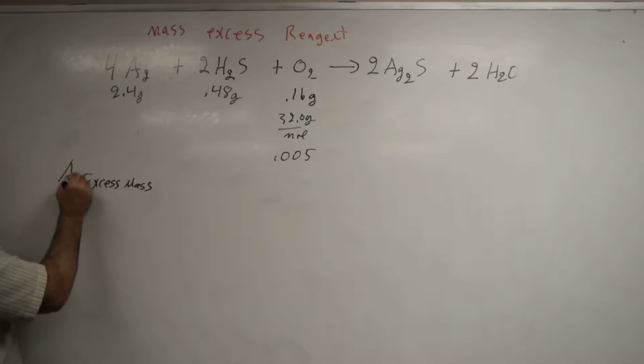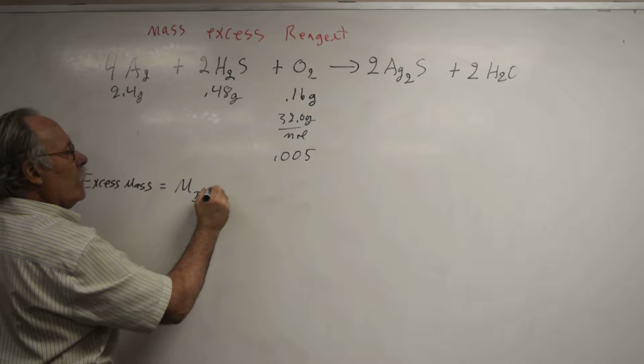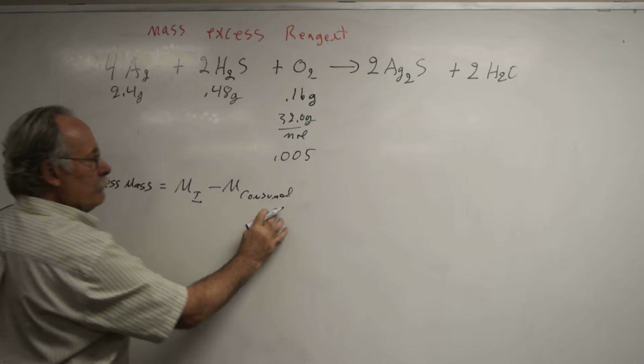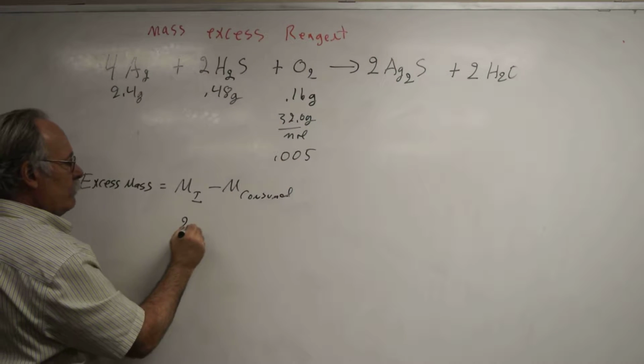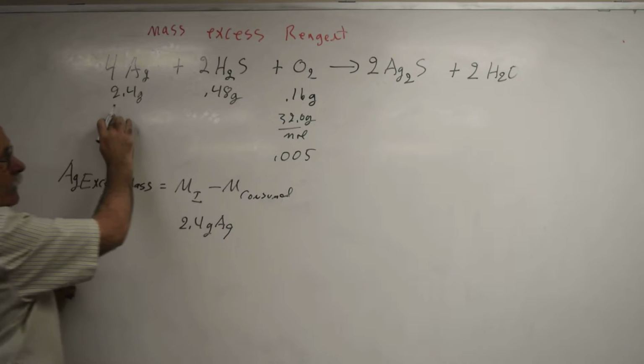of the silver, Ag, is equal to the mass initial minus the mass consumed by the complete consumption of the limiting reagent. Now we started with 2.4 grams of silver. So that's how much we started with.